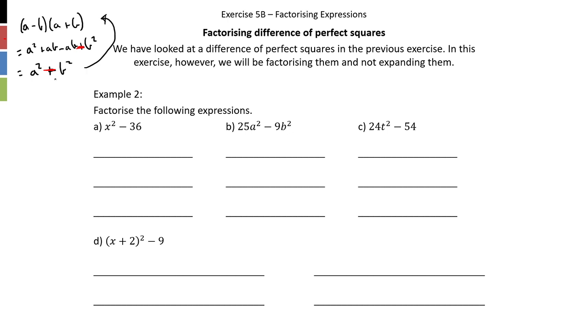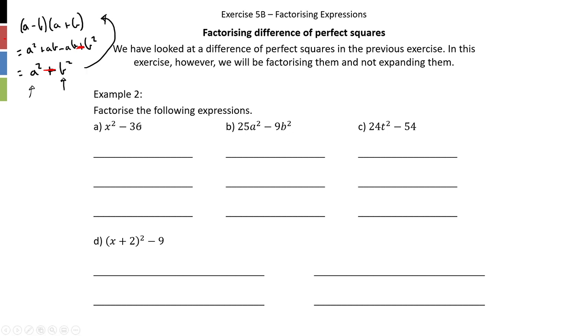So we want to start here. What's the key that we're looking for? Well, we need a first term, all squared, subtract, and this is critical, we need subtract, a second term, all squared. Let's have a look at this first one. We have x squared minus 36. Do I have a square of the first term? Yes, I do. Do I have a subtraction? Yes, I do. Do I have a second term all squared?